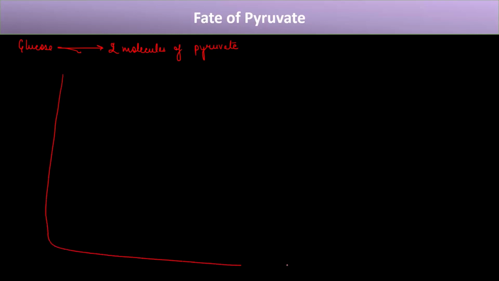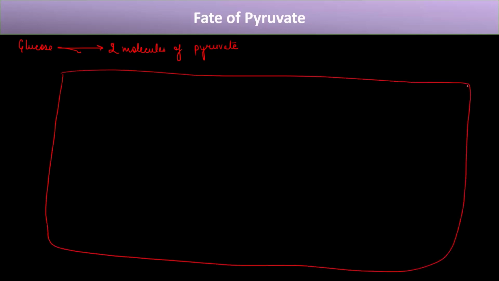Now, if we recall what happened, we saw that the glucose in the glycolysis was getting converted into two molecules of pyruvate, right? So two molecules of pyruvate were formed from one molecule of glucose. Now, what is the fate of this pyruvate? So this is your cell, right?